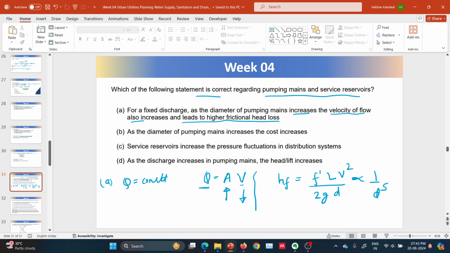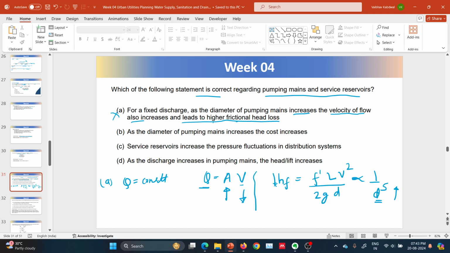If you open this v square, v is equal to discharge by area, which will be pi by 4 d square, and then whole square, d to the power 4, into d, that will come out as d to the power 5. So if you increase the dia, head loss will decrease, and they are saying higher frictional head loss.